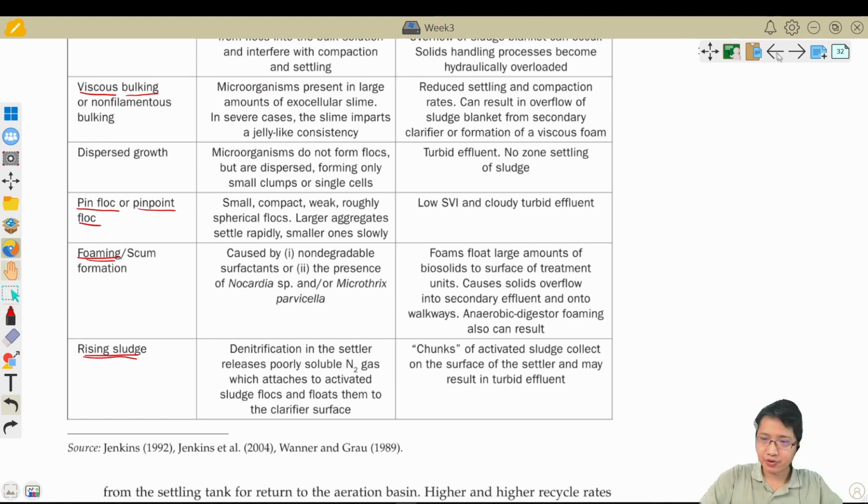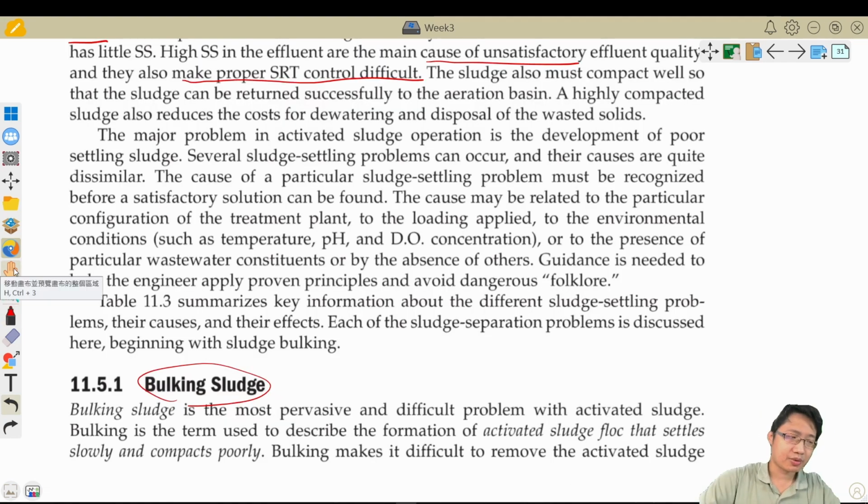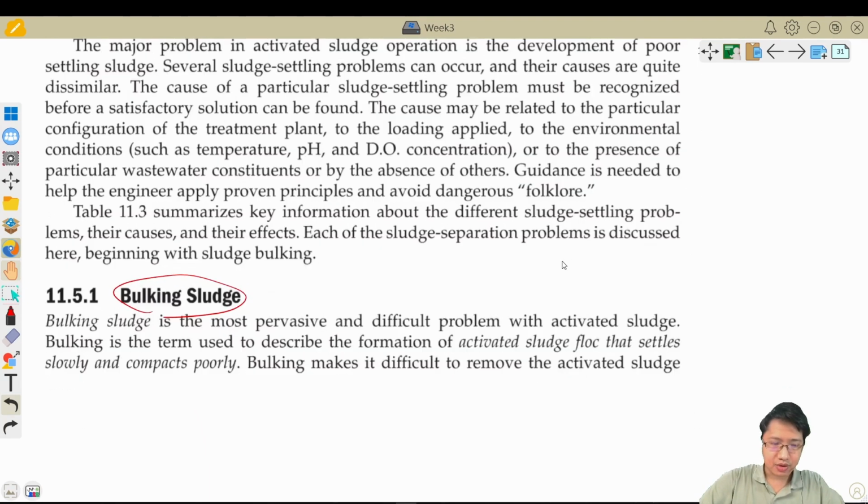So we are seeing these problems that cause very bad sludge separation from your systems. So we turn back to section 11.5.1.